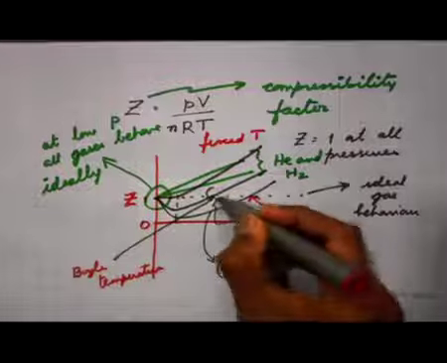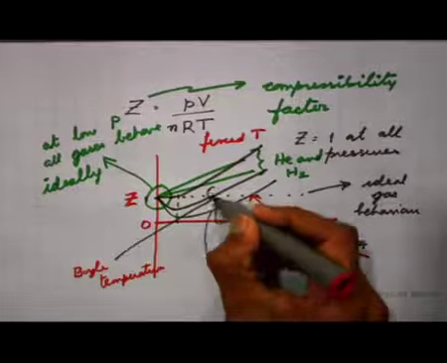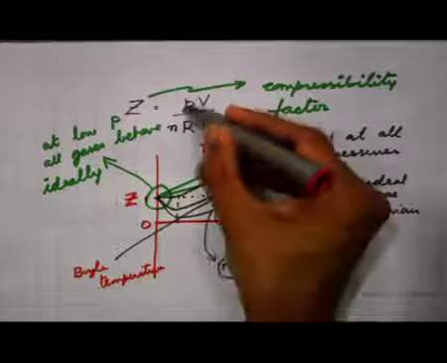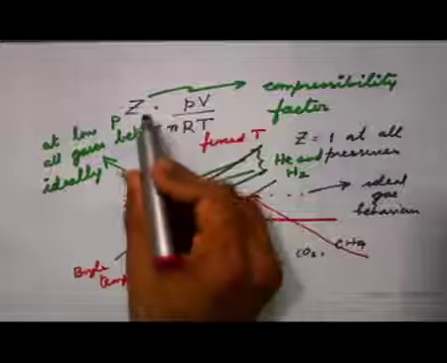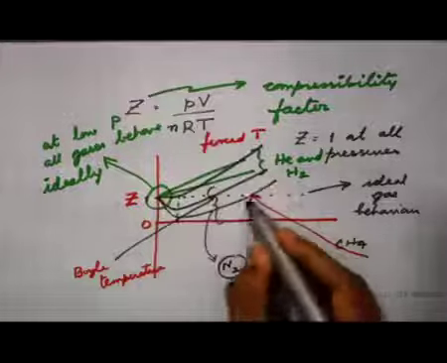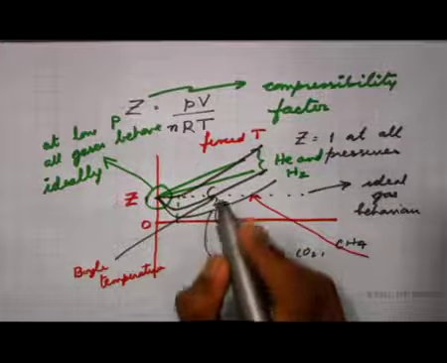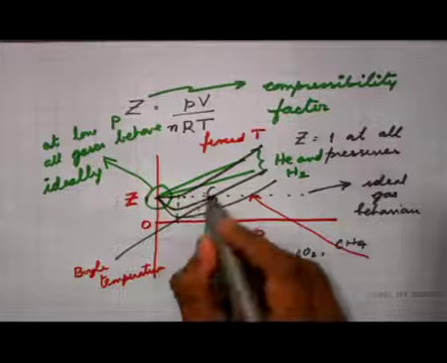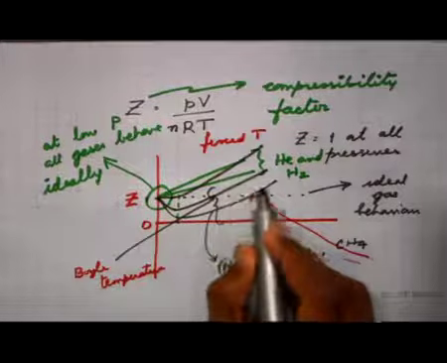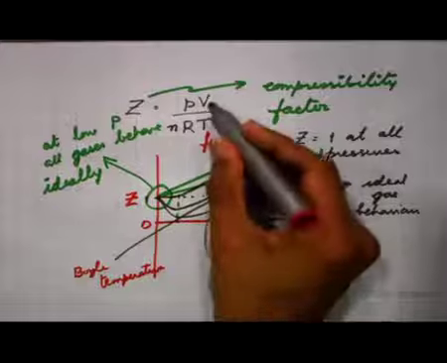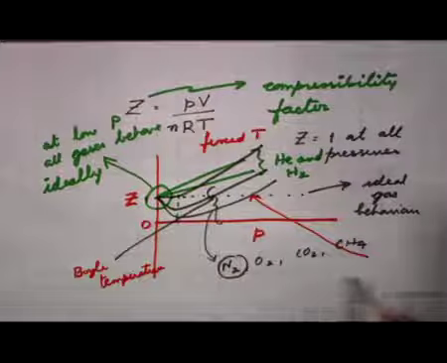So, at that point where Z becomes equal to 1, we say that it behaves ideally. So, it is called the Boyle temperature, because then P will be proportional to 1 over V through the ideal gas equation of state. So, this is why it is called the Boyle temperature.